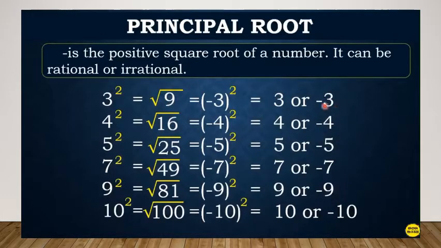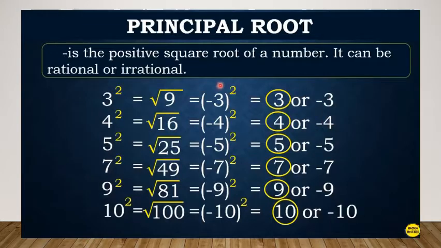Now, pag sinabi nating principal root is just referring to the positive square root. So, ito lang po ang principal root. Okay, ulitin ko. When you are asked to give the square root of these numbers, ang sagot po natin ay positive 3 or negative 3. So, ayan po, positive, negative.